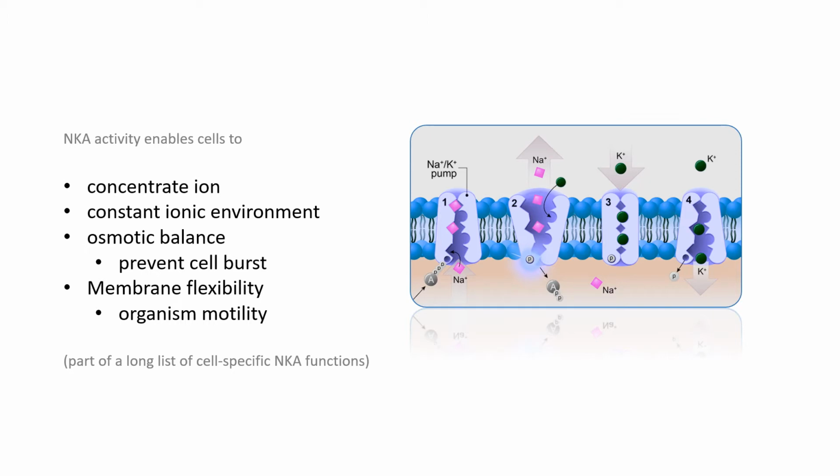And interestingly, in membrane cells, sodium pump activity enables cell to have a flexible membrane, which eventually leads to the organism mobility. This is just part of a long list of cell-specific sodium pump function.